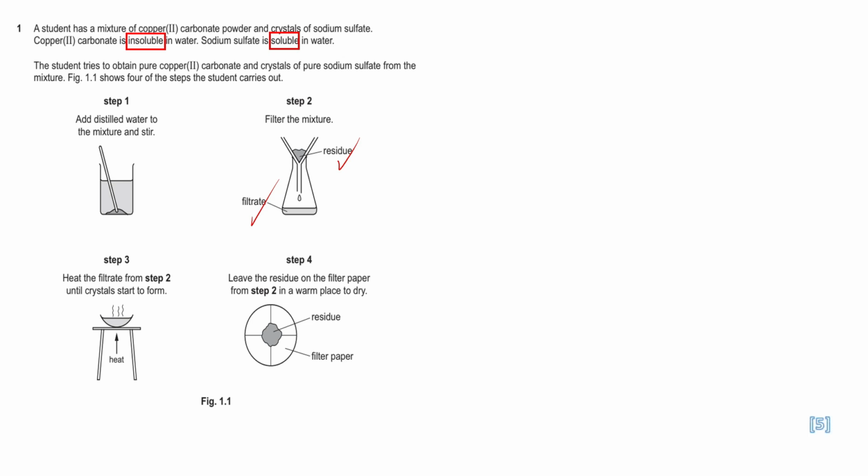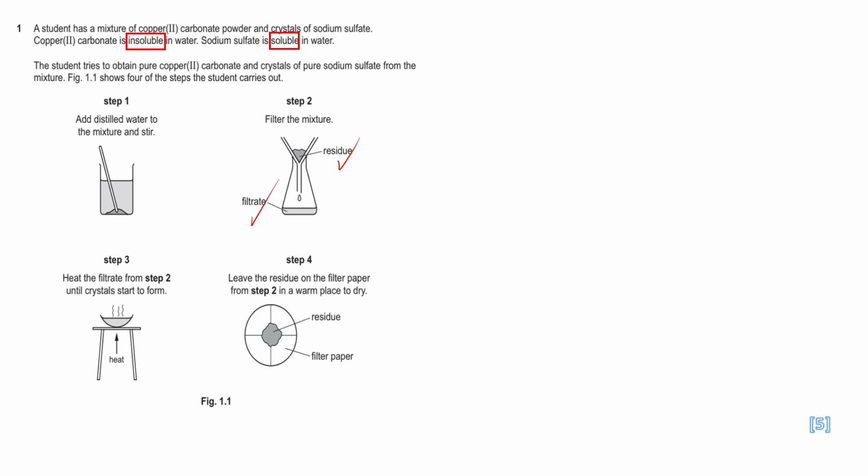Here in this question, the student tries to separate one salt from another in a container containing a mixture of them. How? By using water. It depends on the degree of solubility of both salts.